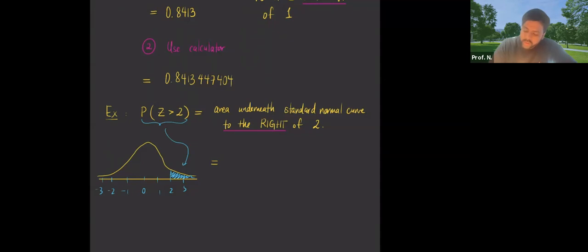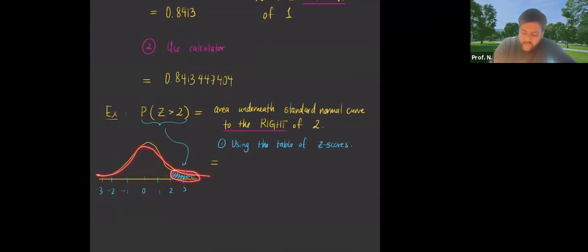So one way is, well, if I know how to find the left area by the table, so using the table, I can find the area to the left and then subtract that from 1. Why from 1? Because the entire thing is 1.